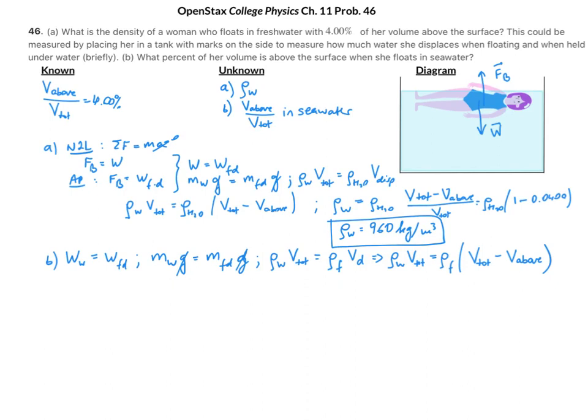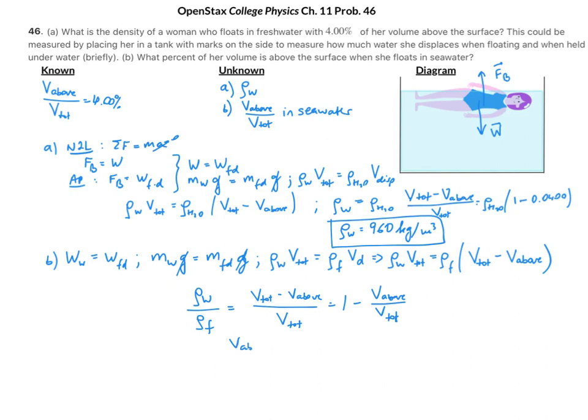So then let's say that the density of the woman divided by the density of the fluid, which now is seawater, is V total minus V above divided by V total. So that is 1 minus V above over V total, and that's what we're looking for.